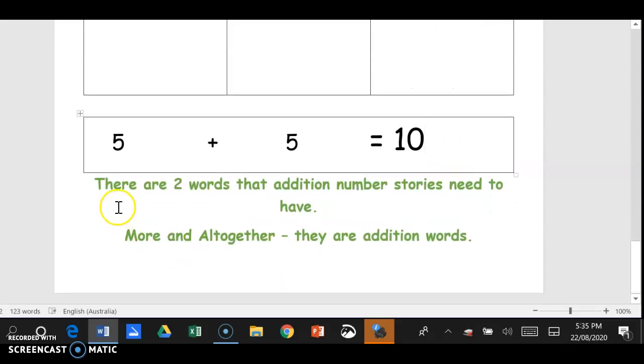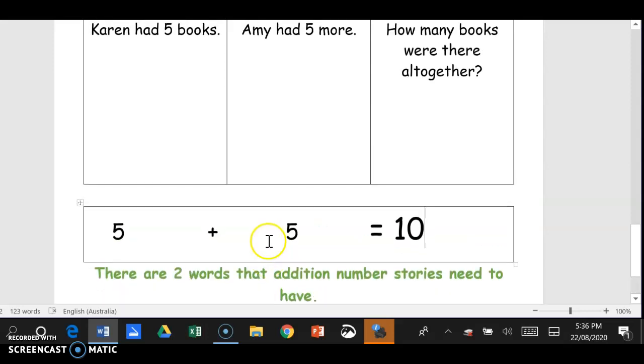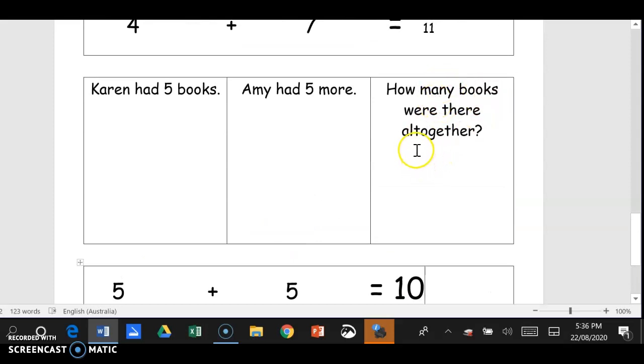Okay, so when you're doing a number story, there are 2 words that addition number stories need to have. Sometimes they need to have the word more in them so we know we're adding things. But they always have to have the words all together because they are addition words. More and all together. So every question ended with all together.